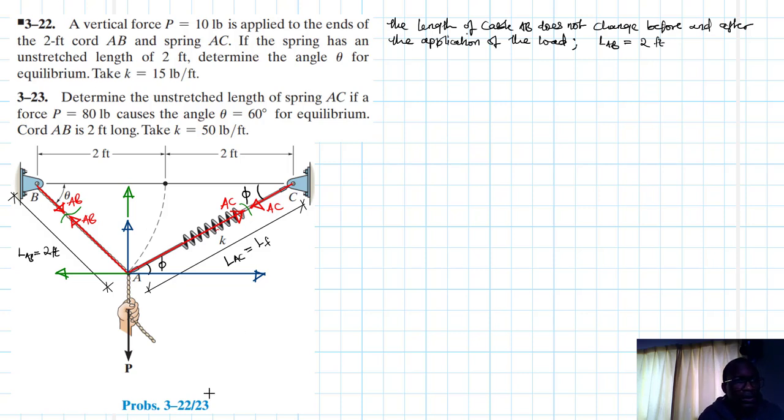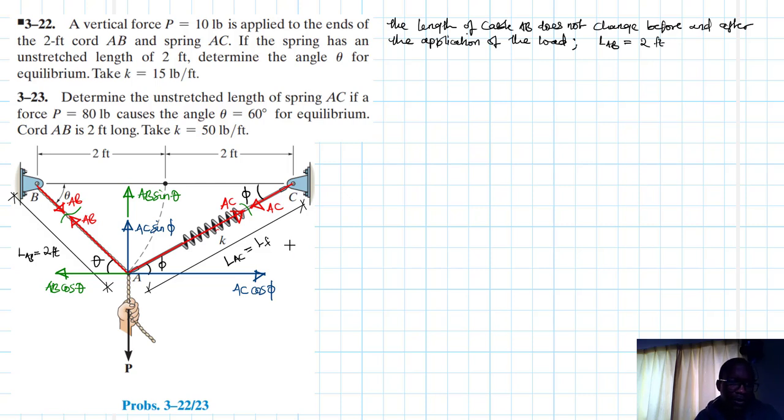So let's call this AC cos phi, and this one AC sin phi, and this one AB cos theta, right? Because this one here is theta, this here is theta. And then this one AB sin theta.